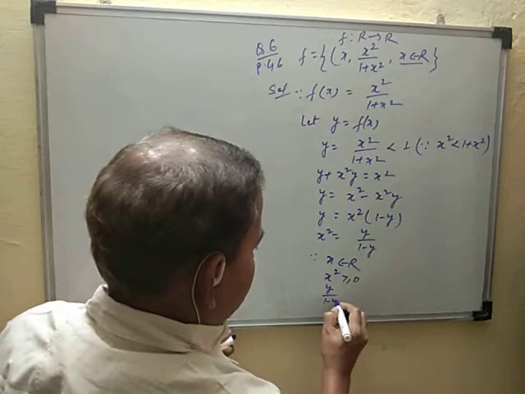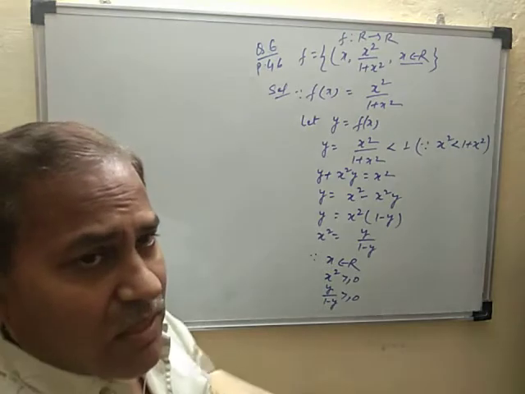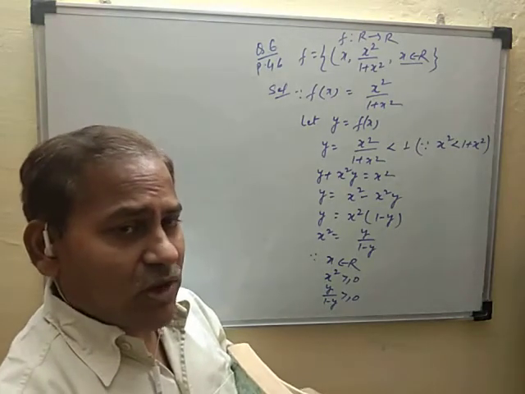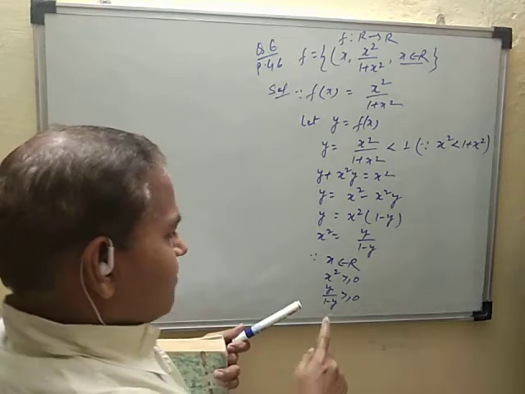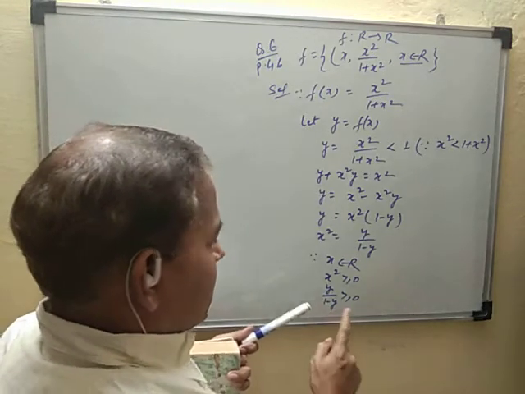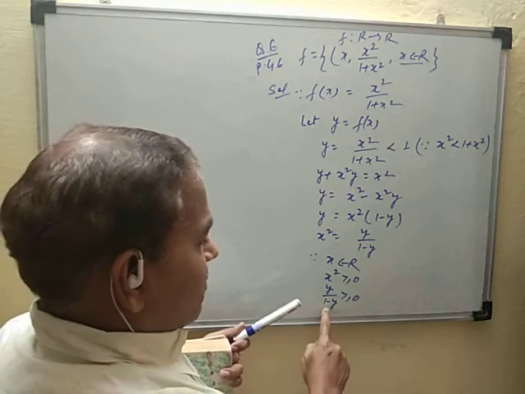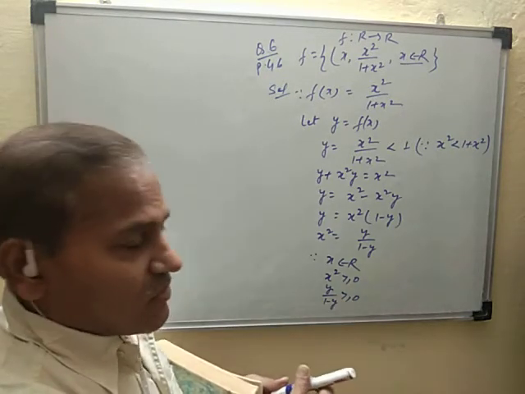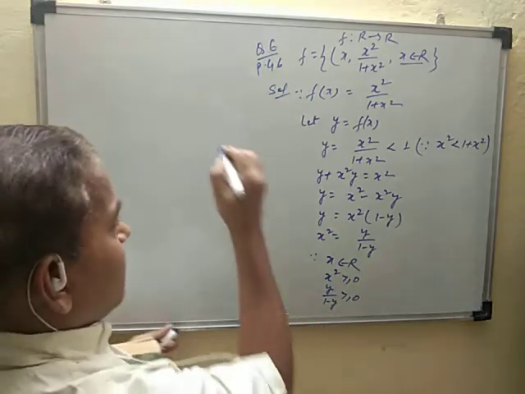So y upon 1 minus y is greater than or equal to 0. Now find the value of y. For this, first make the denominator positive, that is, first make the denominator a perfect square. So for this, multiply by 1 minus y.